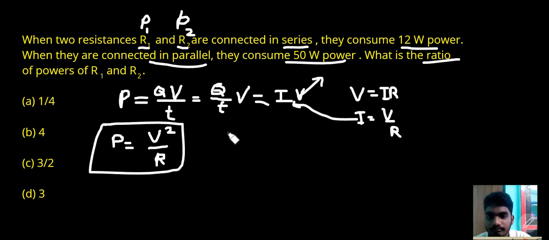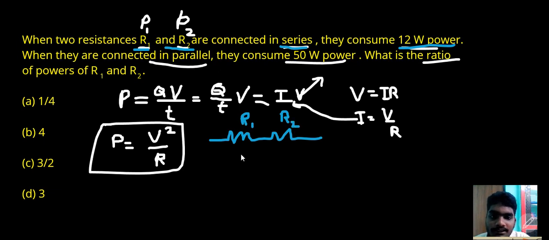In the first situation, they are connected in series and acquire a power of 12 watts, R1 and R2. Whenever resistors are connected in series, the equivalent resistance is going to be R1 plus R2.